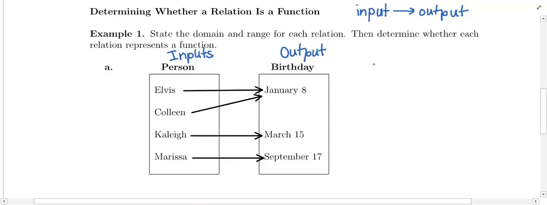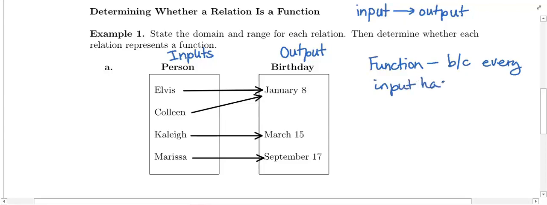Okay, so this is a function because every input has a single output. You may be concerned because Elvis and Colleen are mapped to the same date. That's okay. Each person has a single output. It's sensible.